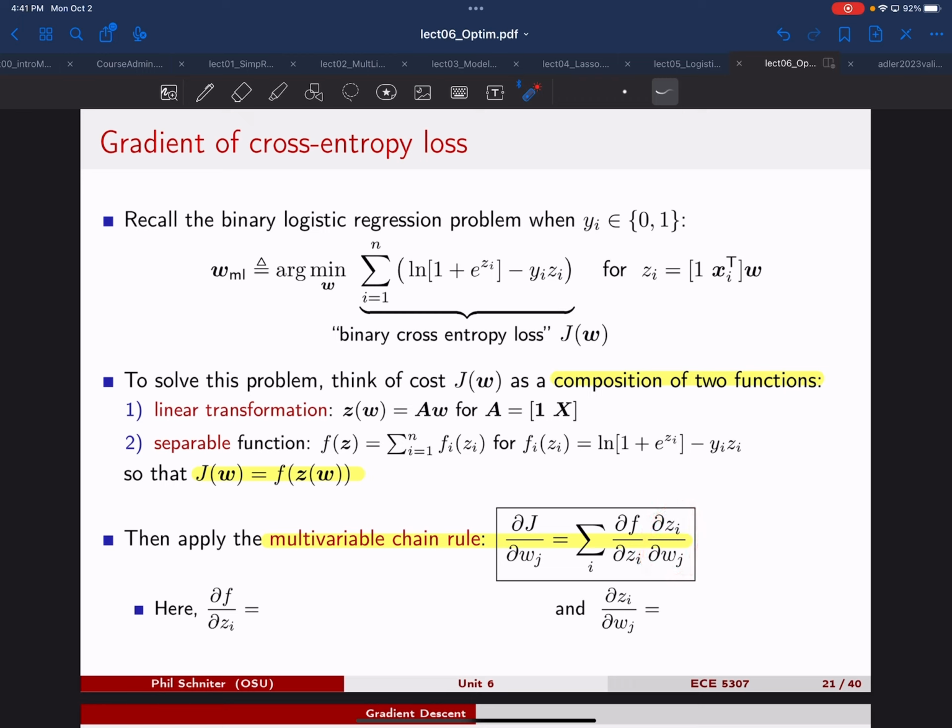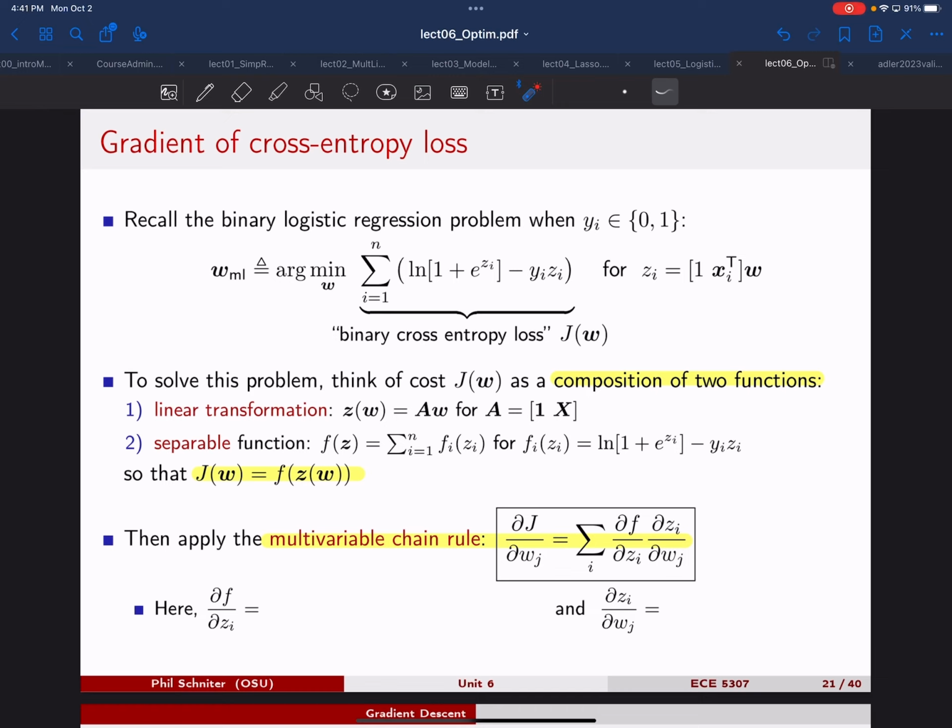If you canceled these out, you'd be back to this df dwj, which is what we have on the left. So we're purposely expanding this to understand the different pieces and how they fit together.